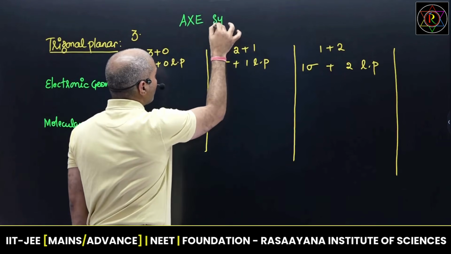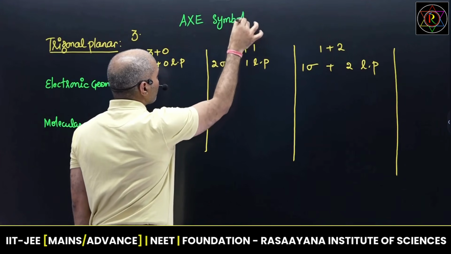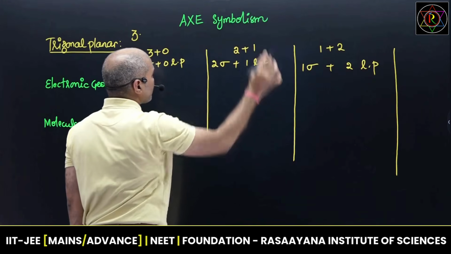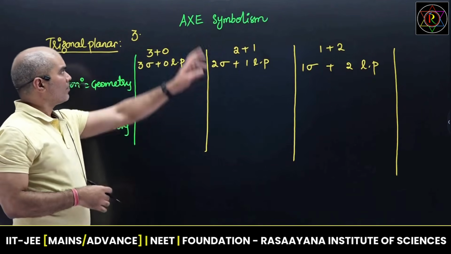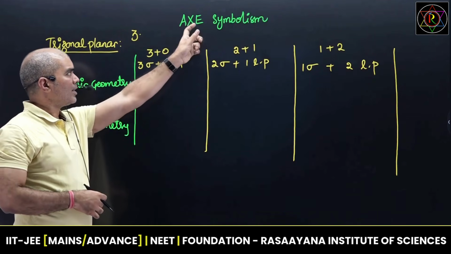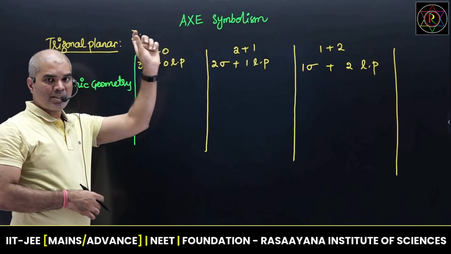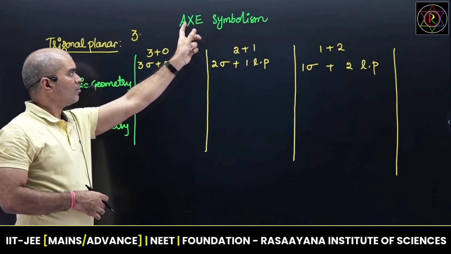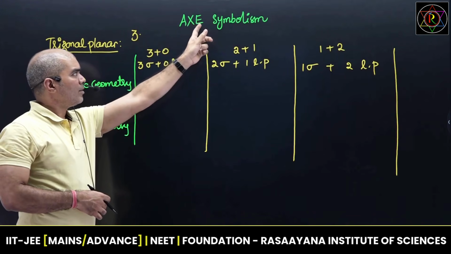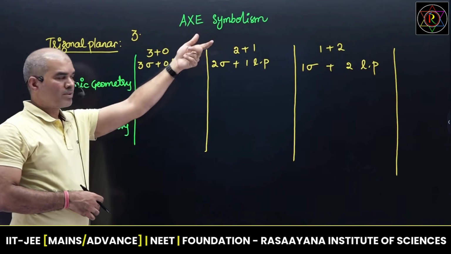Remember AXE symbolism in VSEPR, where A represents the central atom, X represents the bonded pair of electrons, and E represents the non-bonding pair of electrons.